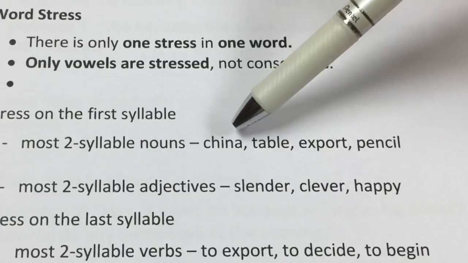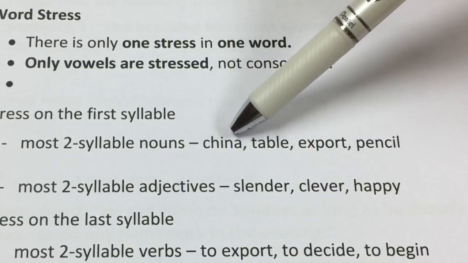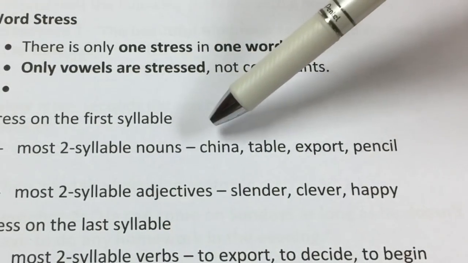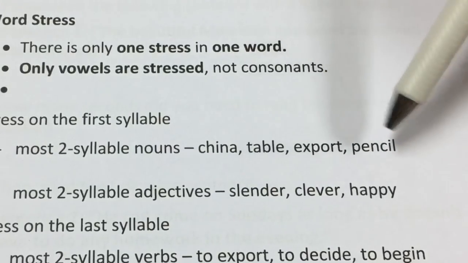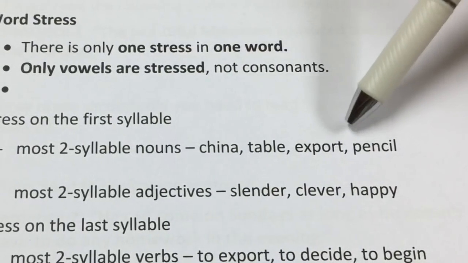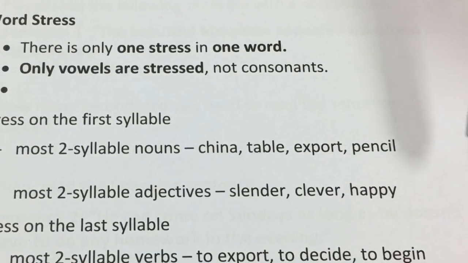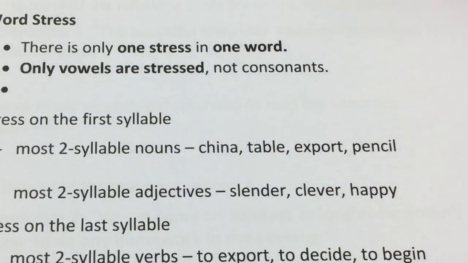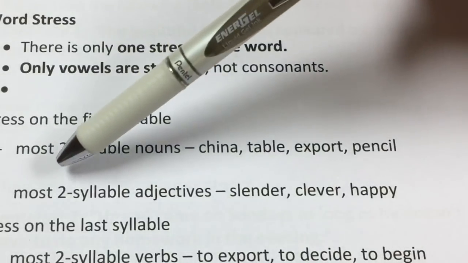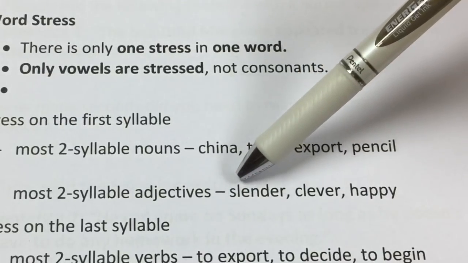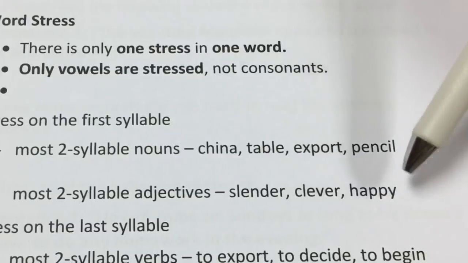Thai people love to stress the English word at the end of the word, which is not correct for nouns. We have to read China, table, export, pencil. You can see that we stress on the first syllable and then we don't really pay attention to the rest of the word. Pencil, not pencil. Alright, and then most 2-syllable adjectives also stress on the first syllable: slender, clever, happy.